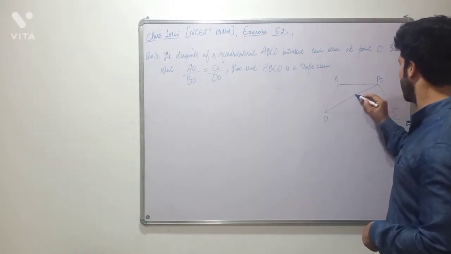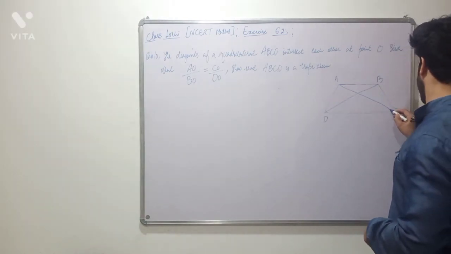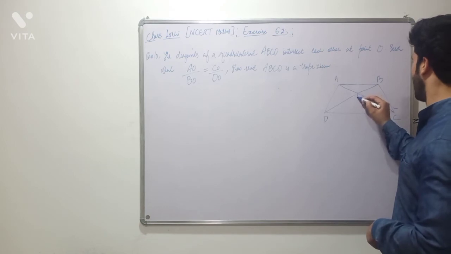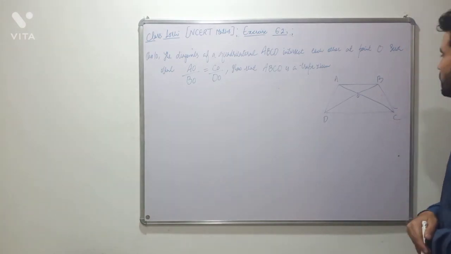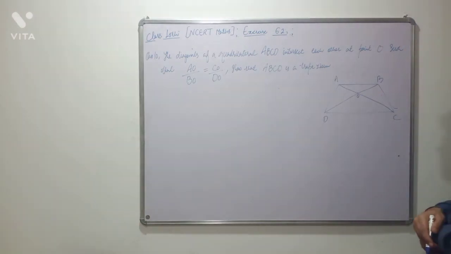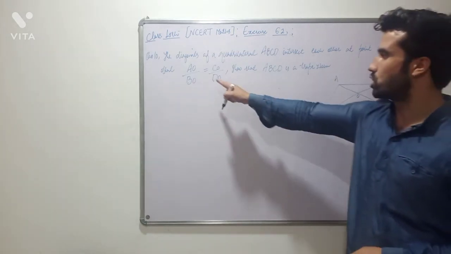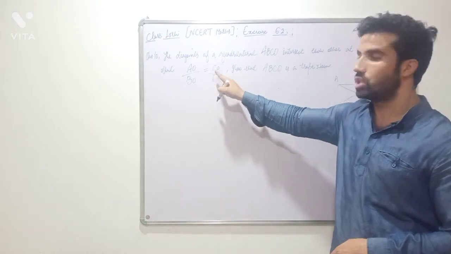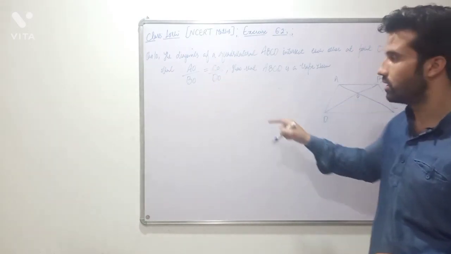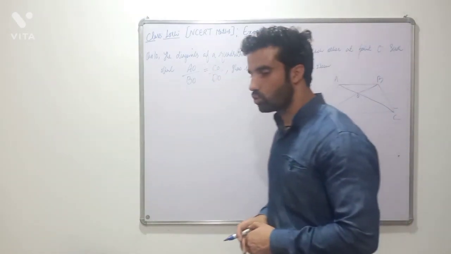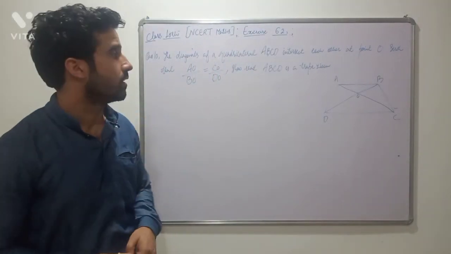So this is the diagonal and this is the another diagonal, so they intersect each other at point O. ठीक है, अब अगर ये intersect करते हैं this means that they intersect such that AO over BO equals CO over DO, means they satisfy this. तो हमें यहाँ पर प्रूव करना है कि भाई ये जो क्वाड्रिलेटरल है ये एक ट्रेपिज्म है.